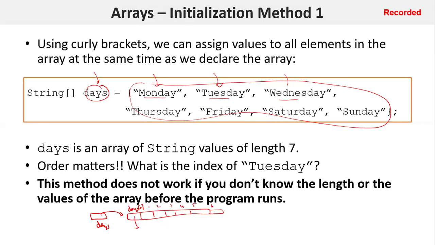And each one is going to be, because this is days[0], this is days[1]. So days[0] is a reference which will refer to Monday. Days[1] is a reference referring to Tuesday. Like that, the whole thing.